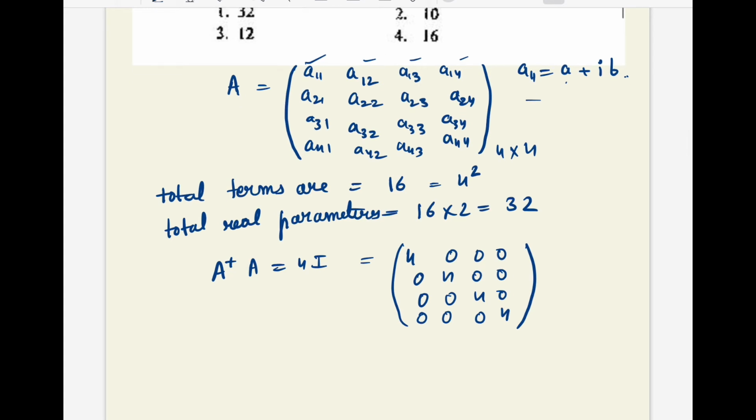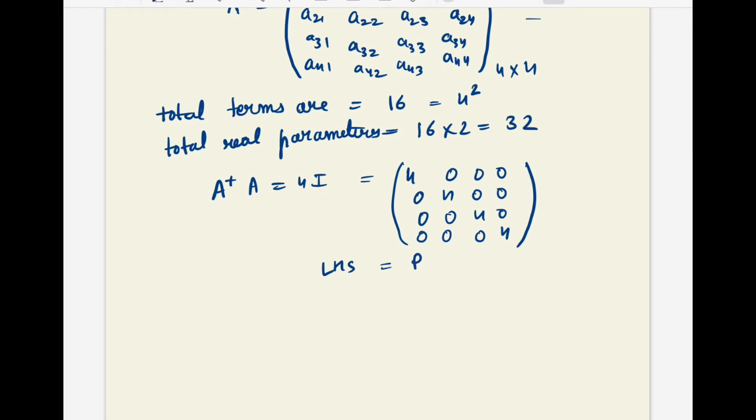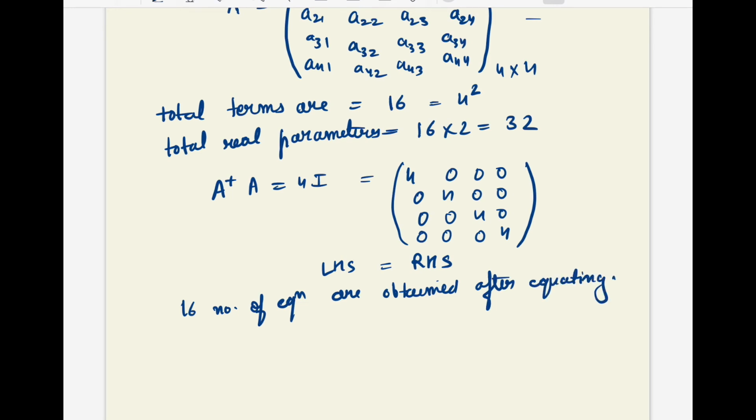Okay, now when we compare both sides, that is LHS and RHS, we will have 16 equations. 16 equations are obtained after equating on both sides. So this means there are 16 constraints.